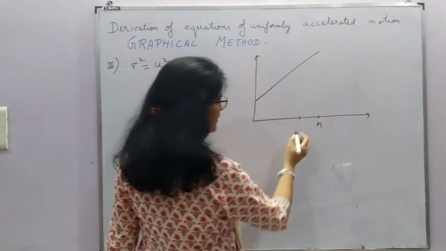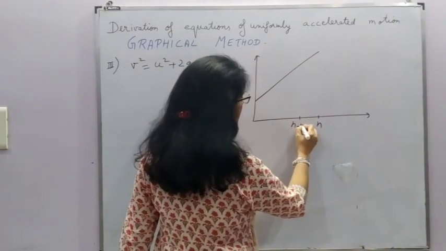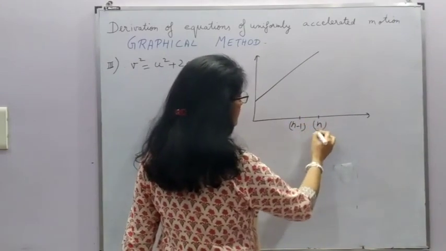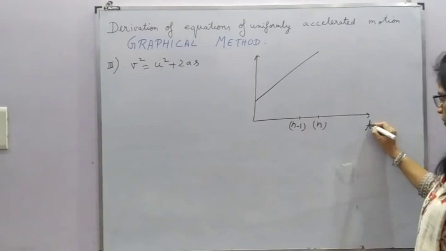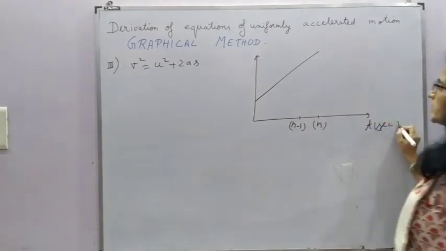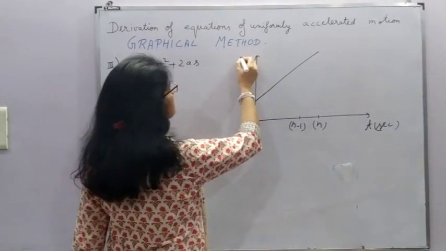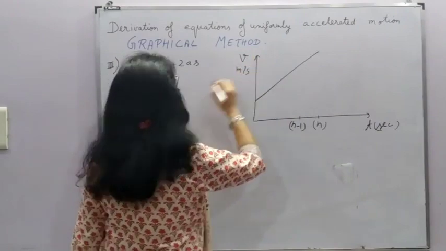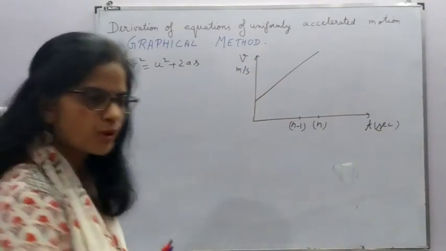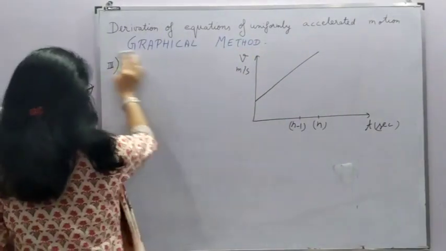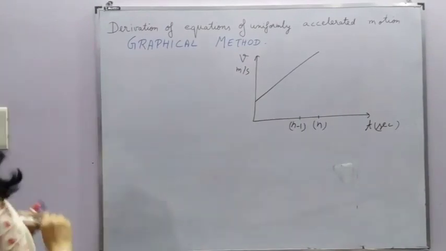Suppose this is n seconds time and this is n minus 1 seconds time, right? Because we have to find out the distance traveled in nth second. That's our fourth equation, right? Which we have to derive now. So what is that equation?